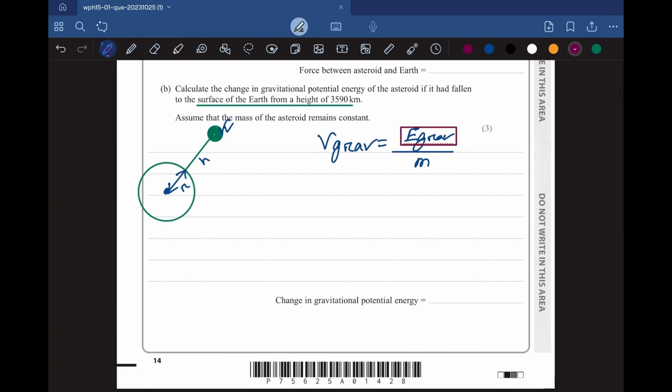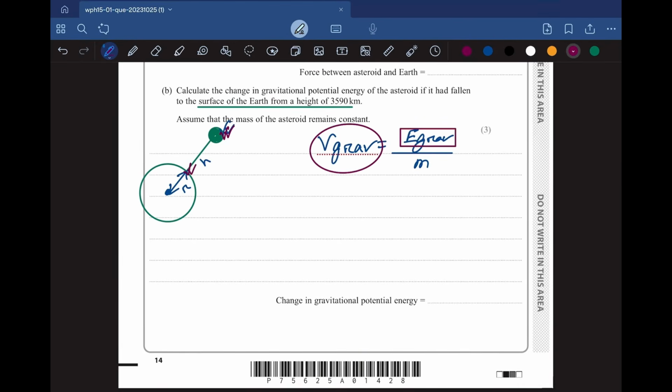So before calculating this gravitational energy, we'll have to calculate the potential, and then we will multiply it with the mass. So it has a potential right here, and then it will also have a potential right here. So the change in potential between these points is something that we'll have to figure out, and then we will multiply it with mass to get the change in gravitational potential energy.